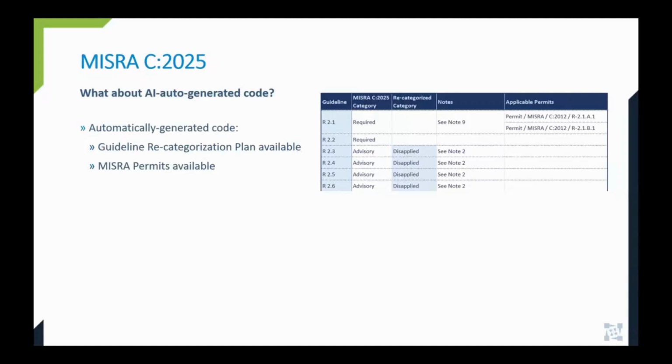There is a publicly available base guideline recategorization plan available for the automatically generated code, where several advisory guidelines have their category reduced to disapplied, and for some other required guidelines, MISRA permits are provided, which can be used as a base for deviating the rules in the auto-generated code. This is mostly on the grounds that such a code is not intended to be read by the humans and that the automatic code generators, let's say it, they know what they are doing.